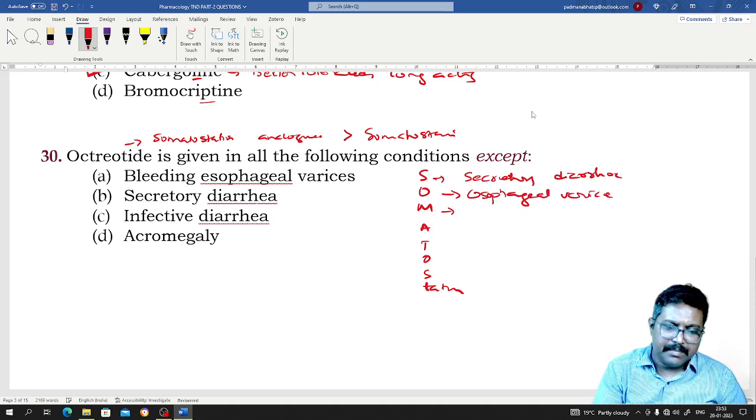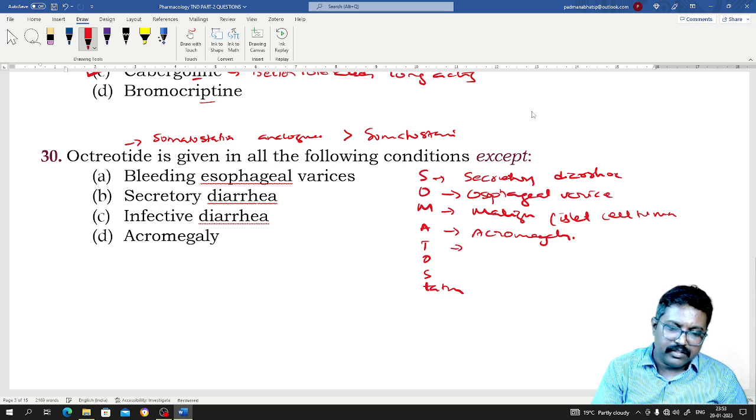varices. M stands for malignancy, that is islet cell tumor. A stands for your acromegaly, and T stands for your TSH secreting tumors, and there is an overdose of sulfonylureas.